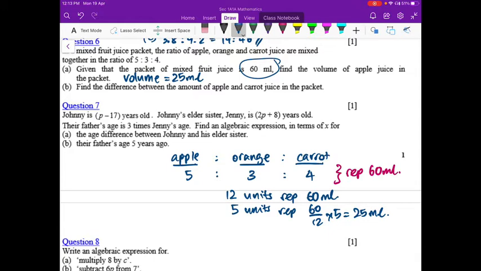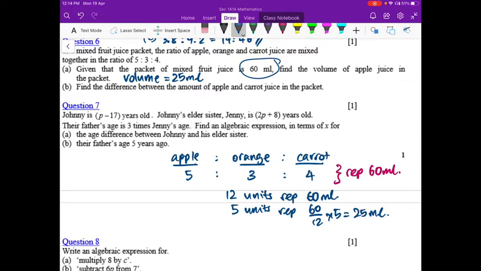Okay. So 12 units represent 60 ml. And now how many units do we want? It is more by 1 unit, right? So to find out the difference between the amount of apple and carrot juice, 5 minus 4, you get 1 unit.